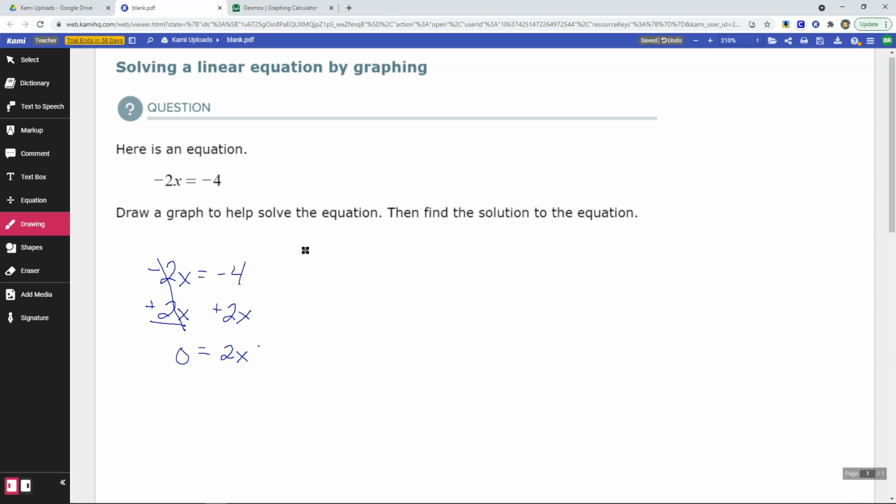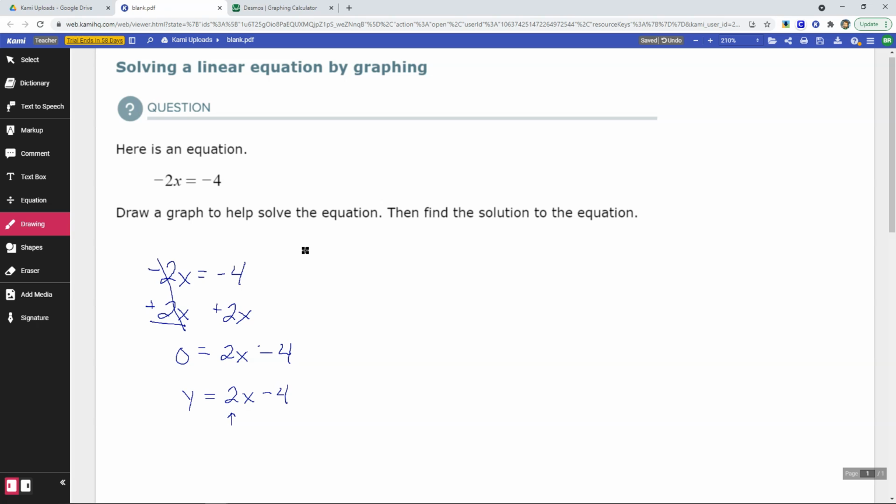We have a negative 4 there, so it's going to be 2x minus 4. Now this is already written sort of how we want it. We just need to replace this 0 with y. So y equals 2x minus 4. And then notice that it's already written in slope-intercept form.